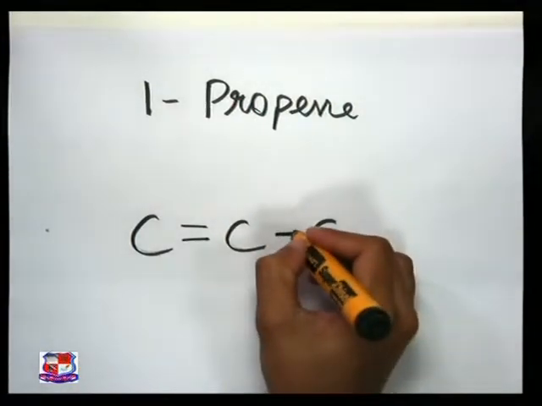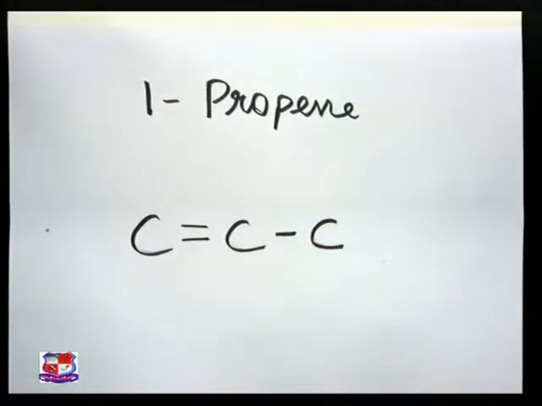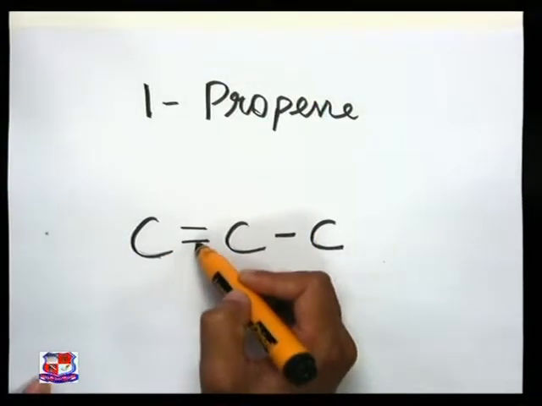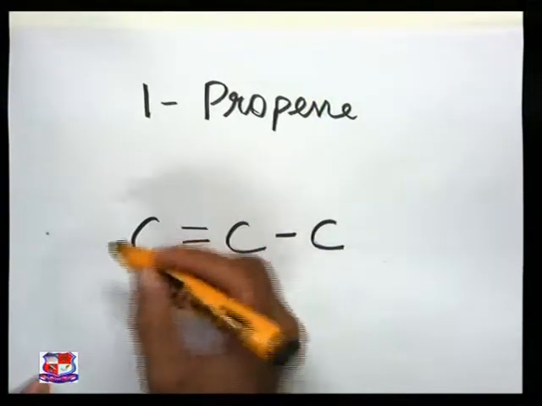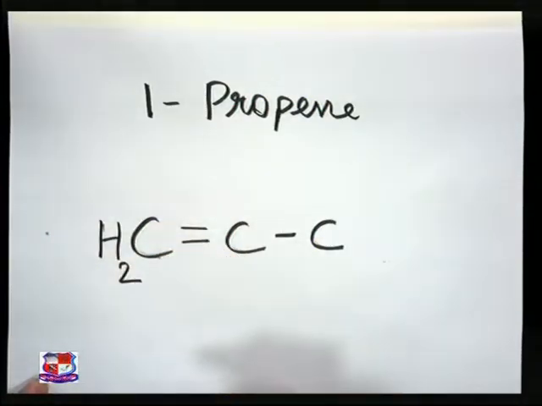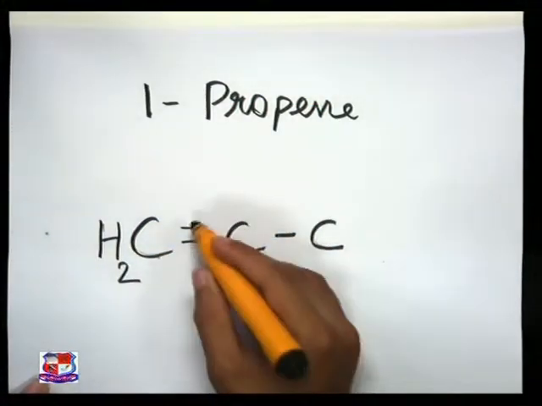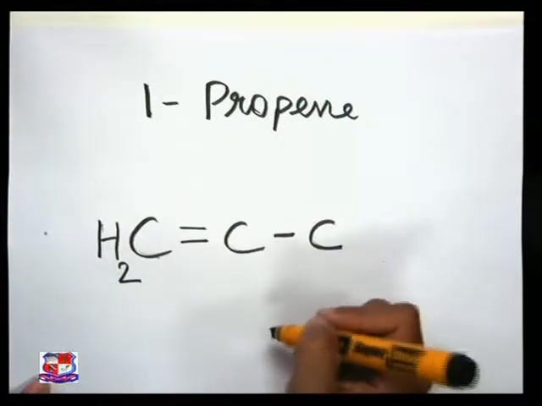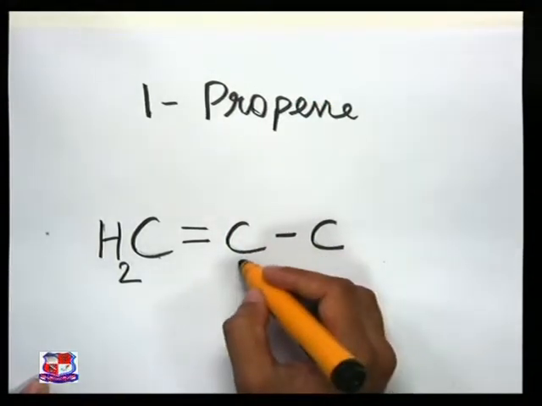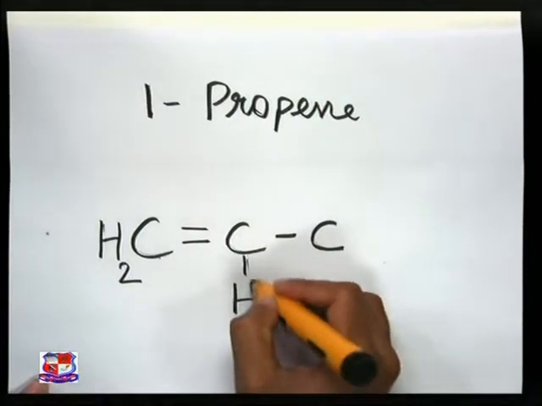There is a single bond already present here. Now we compensate the valency of the carbon. Carbon valency is 4. This carbon has 1, 2 valency satisfied, so 2 hydrogens remain, and we put them like this. Look at the center carbon: 1, 2, 3 valency satisfied, so 1 valency remains, which is compensated by a hydrogen.